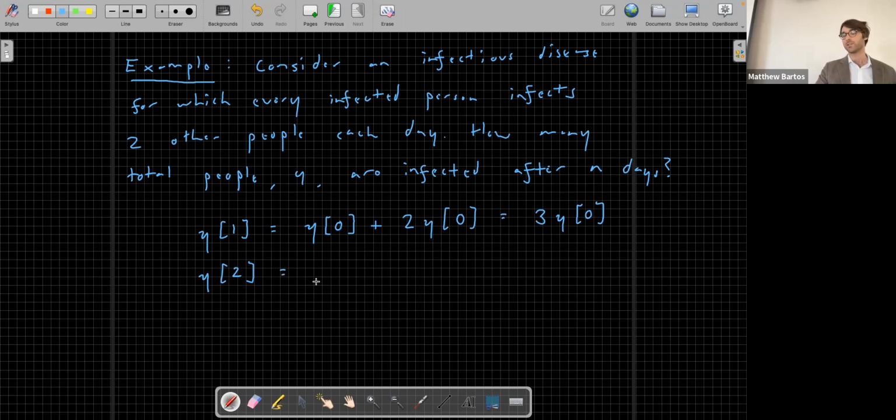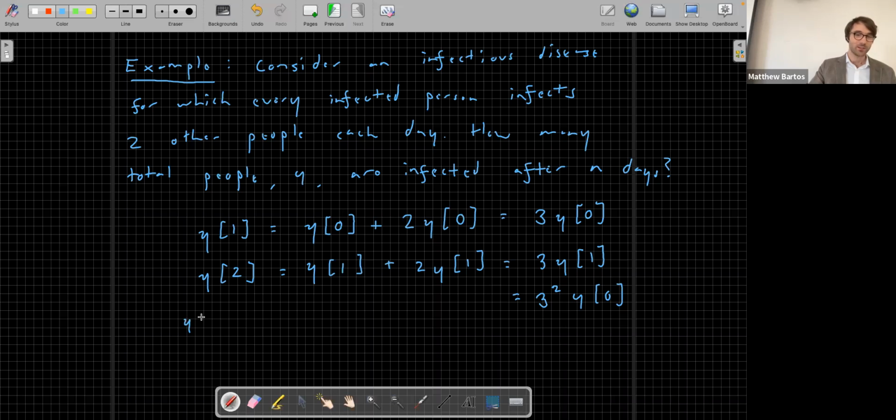Okay, let's look at the second day. The number of infected people will be equal to the number of people infected after day 1 plus 2 times the number of people infected after day 1. Okay. Which will be equal to 3 y1, okay, which is equal to 3 squared y0.